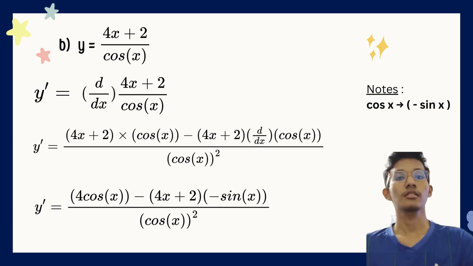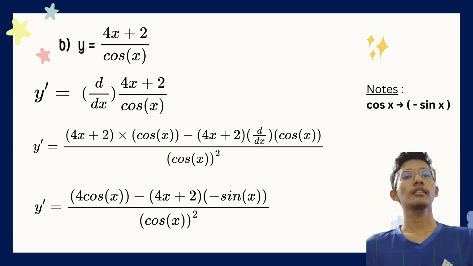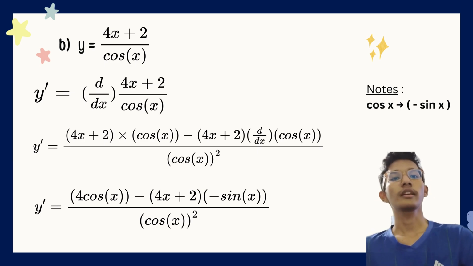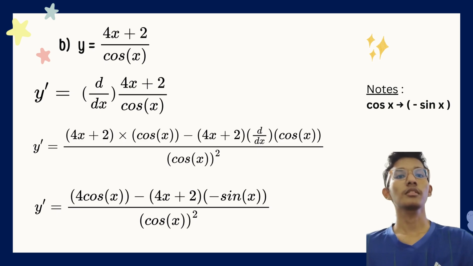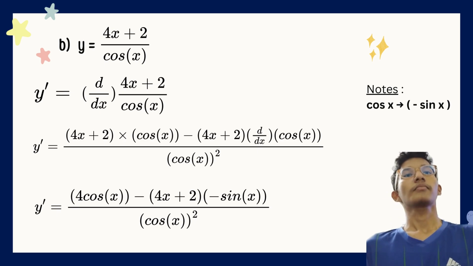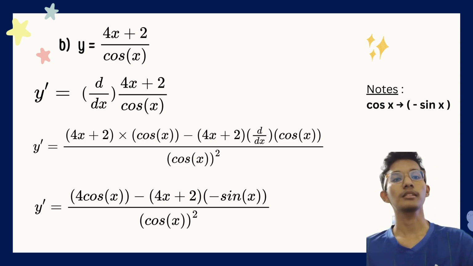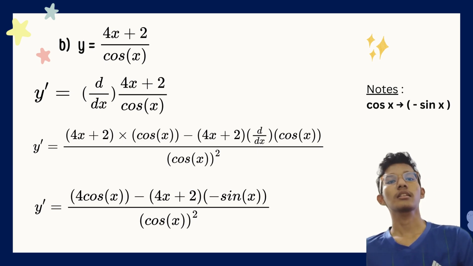For this question, we need to use the quotient rule, and we differentiate y to equal y prime equals d over dx of 4x plus 2 divided by cos x. So it becomes the derivative of 4x plus 2 multiplied by cos x, minus 4x plus 2 multiplied again by the derivative of cos x, and divided by cos x squared.